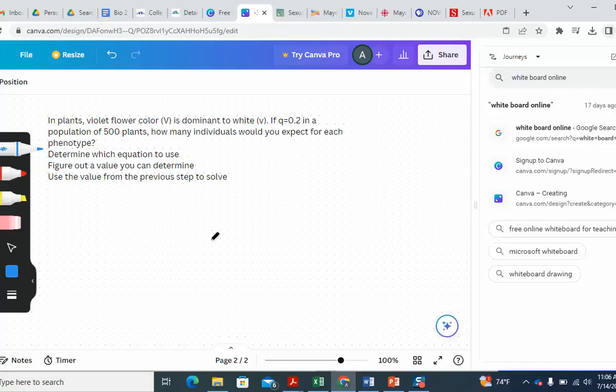Okay, so we were told that Q is 0.2 in this population. So if Q is 0.2, I am going to be able to solve for Q squared. So Q squared is going to be 0.2 times 0.2, which equals 0.04.